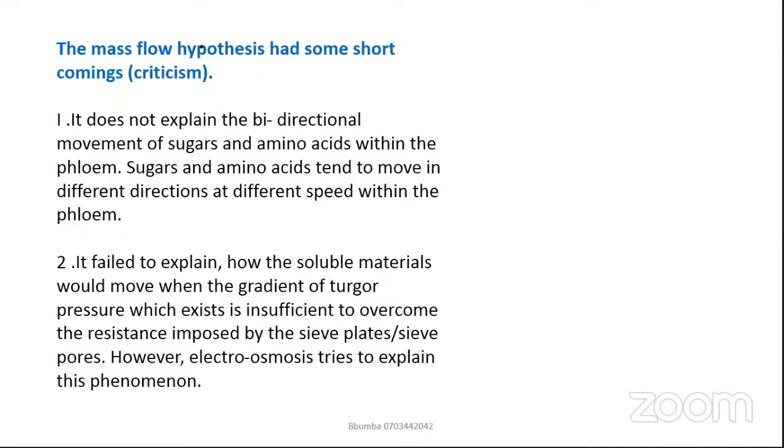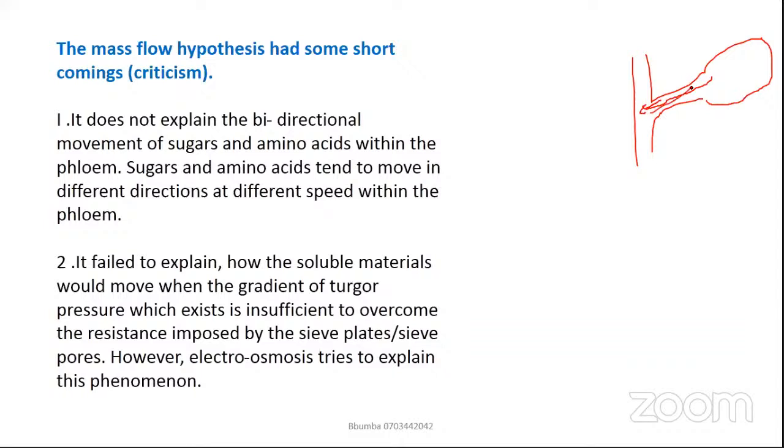What are they? Number one, it does not explain the bidirectional movement of sugars and amino acids within the phloem. Because when you observe the phloem very well, in reality, you find that the sugars move in opposite directions. They can move from up to down, or down to up. Assuming this is the leaf here, we'd expect the sugars to only be moving from the leaf going this side.